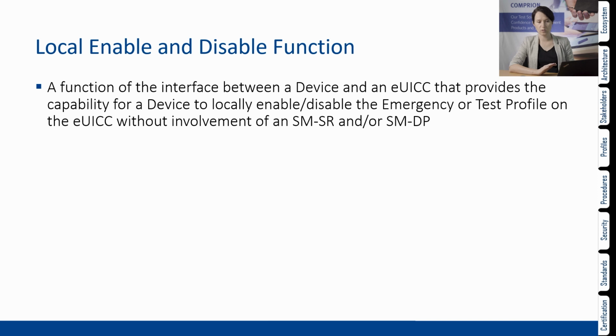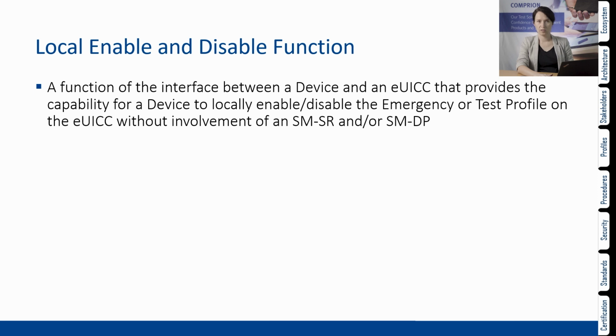So it's used only for the emergency or test profile on the EUSSC without the involvement of the SMSR or SMDP. So the procedures for enabling and disabling will look completely different, because it's only local and only for this specific case. You remember this emergency profile is used, for example, for the emergency call.